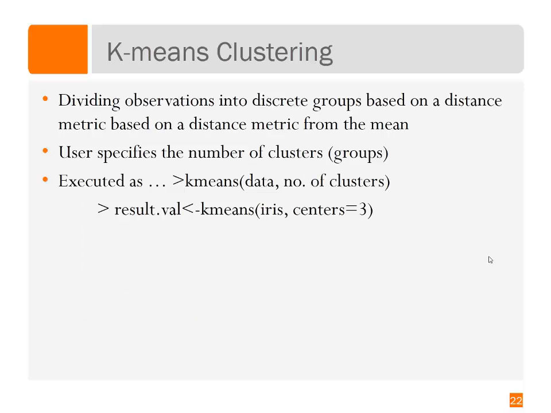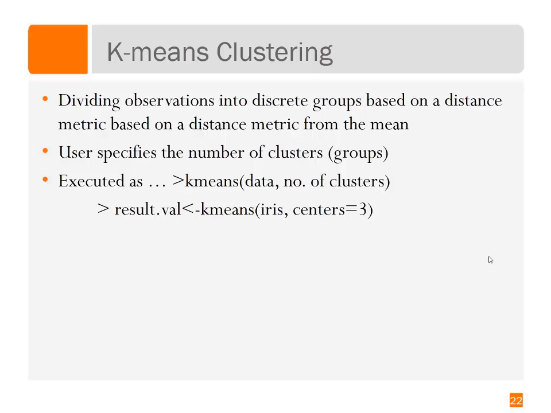Which brings us to a particular statistical technique. What we're going to do with R is take that data set and then apply a statistical analysis technique. In this case, we're going to work with k-means clustering. When we use k-means clustering, what we're doing is dividing observations into discrete groups based on what's known as a distance metric from the mean.